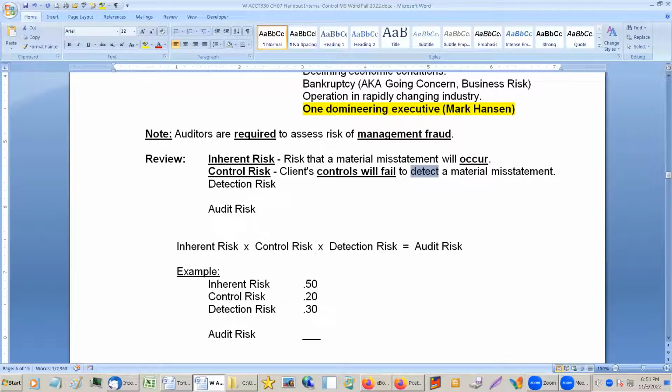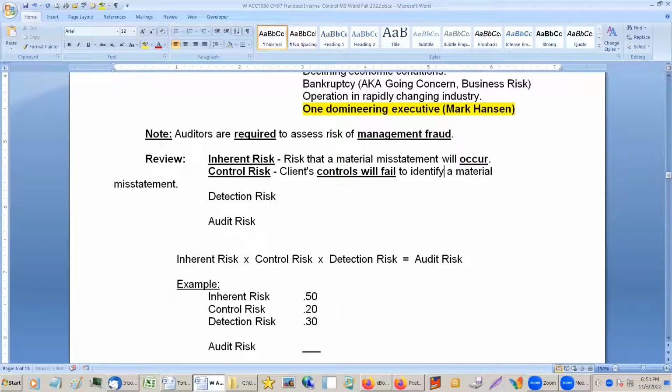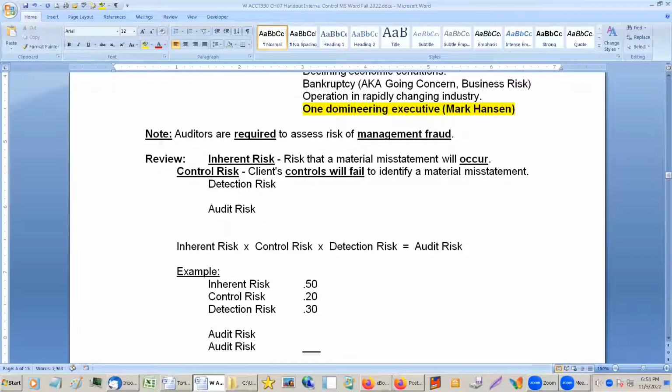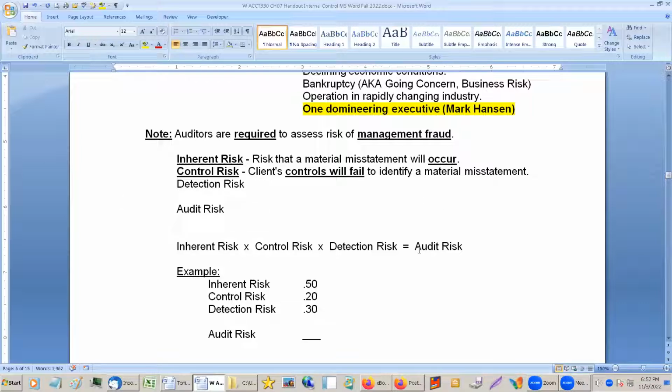How about that? Okay. Detection risk. This is the risk that the auditors will fail to detect.